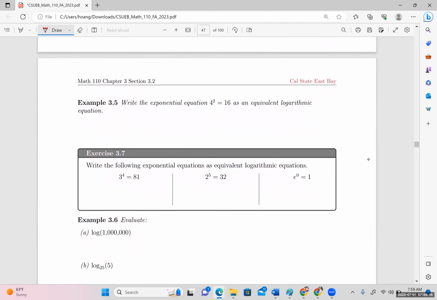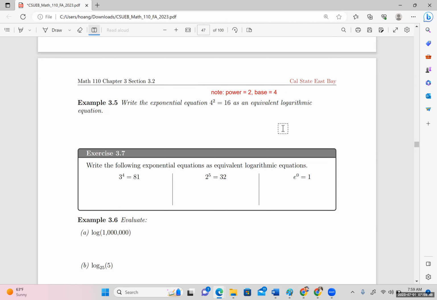I want to write the exponential equation 4 squared equal to 16 as an equivalent log equation. You see in here, the power is 2. The base is 4, right?